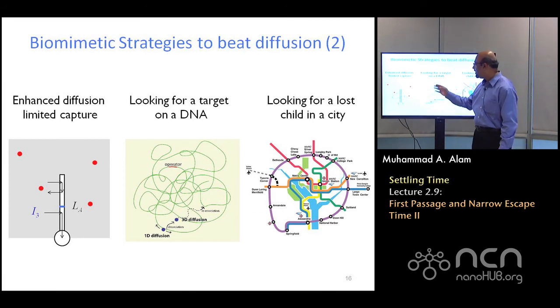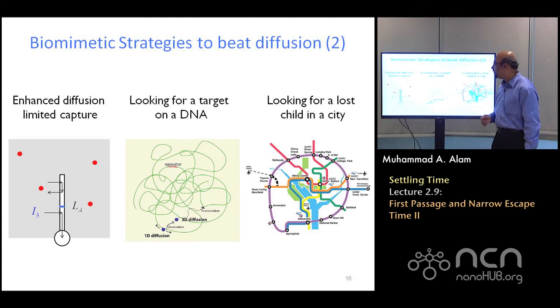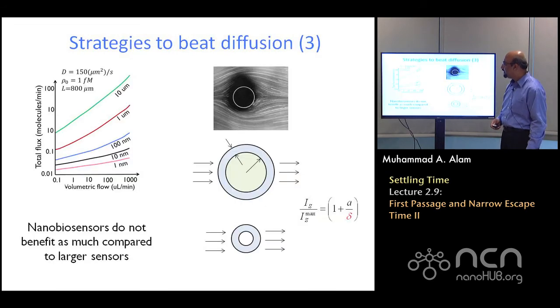As I explained, that is very similar to looking for a target in DNA and also looking for a lost child in a city. So all these principles are biomimetic. We are learning from biology how to make technology better. That's the essence of the advantage of nanobiosensors.